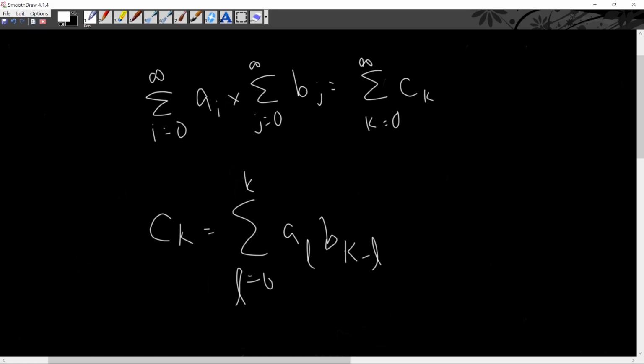But the idea is essentially you can do the product of two series with complex terms if the resulting series that you've created from this product is just the sum of opposite terms. So if you have, say, L equal to 1 and K is the maximum number of terms, it's like the first term times the last term, the second term times the second last term, third term times the, let me draw it.